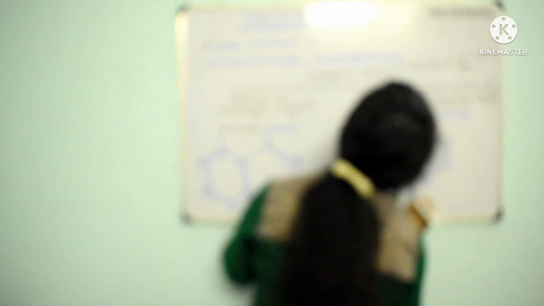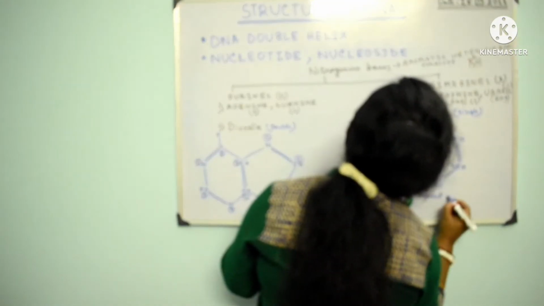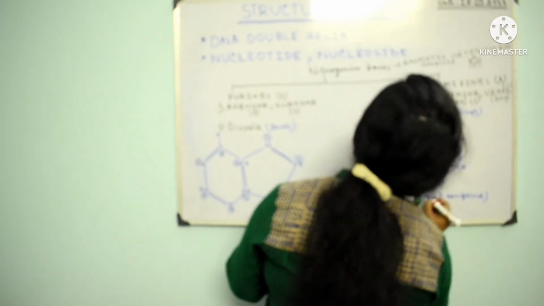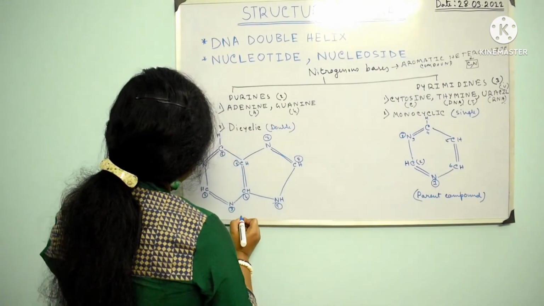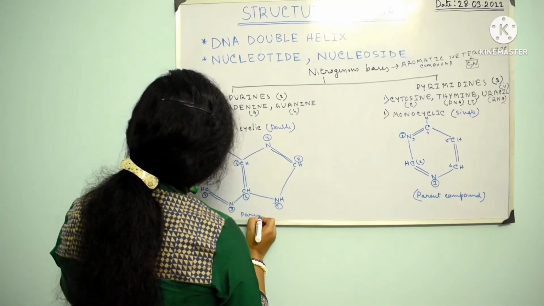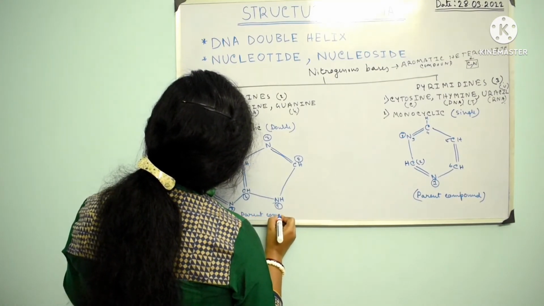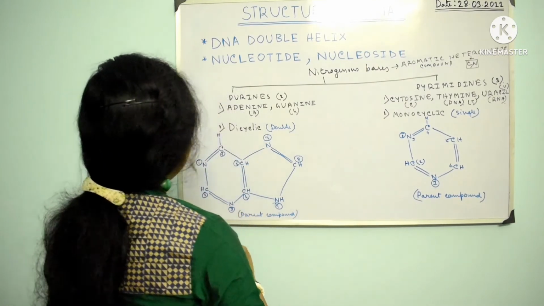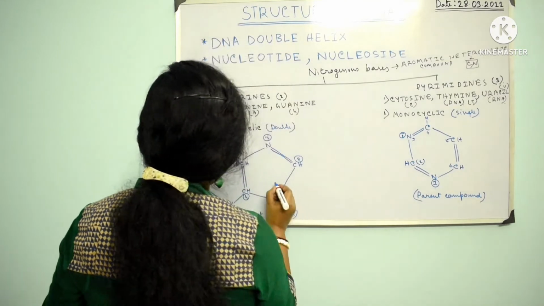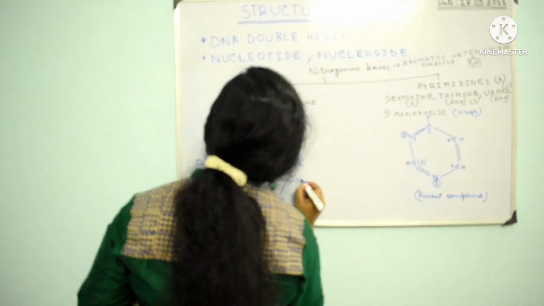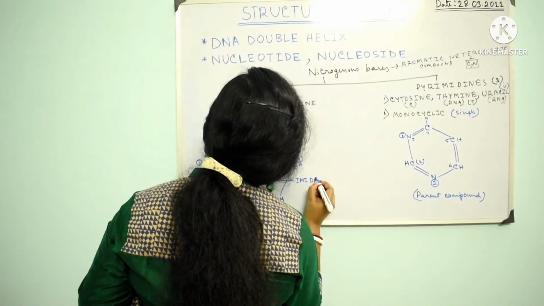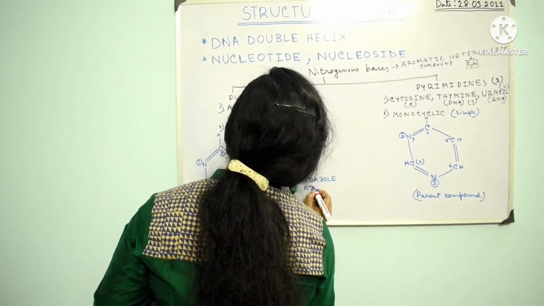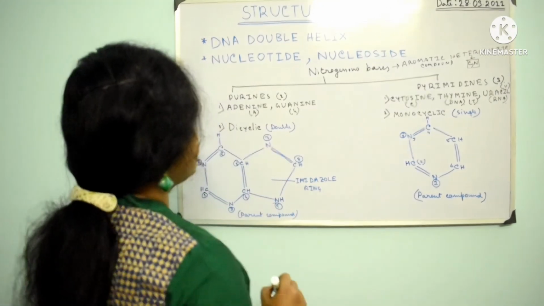This is the parent compound. This one is also a parent compound, and this is the imidazole ring.